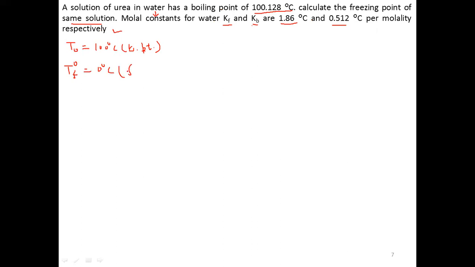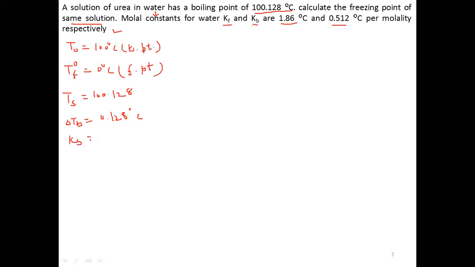So we know for water what is given: the boiling point of the solution, Ts, is 100.128. That means delta Tb is Ts minus T naught, 100.128 minus 100, which is 0.128 degrees Celsius.